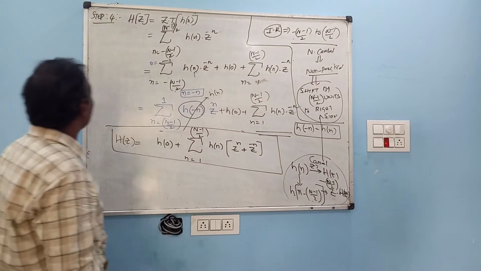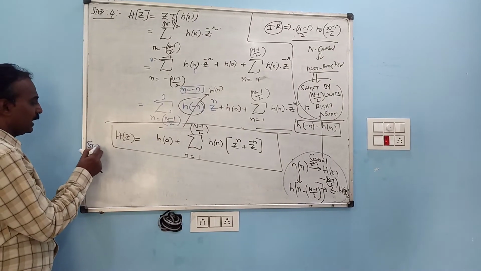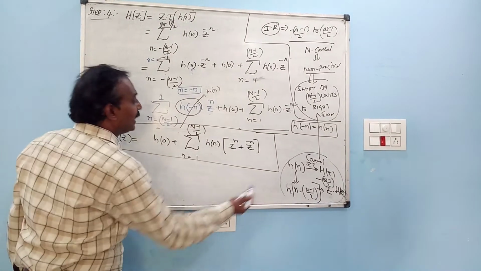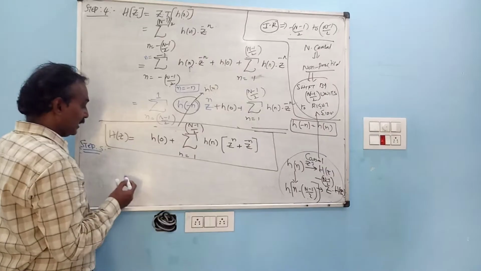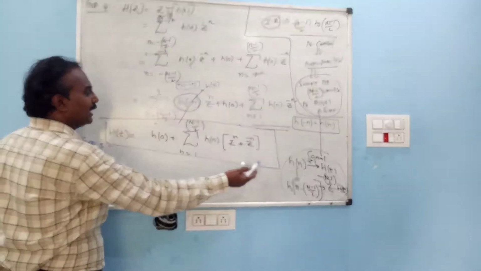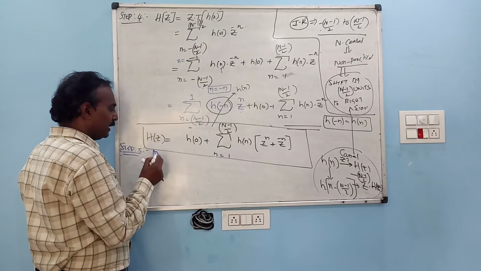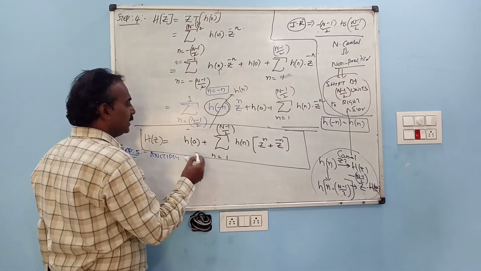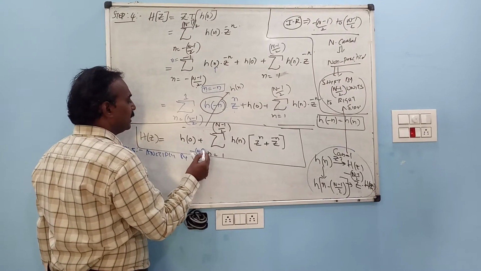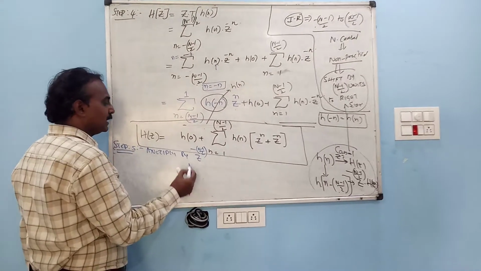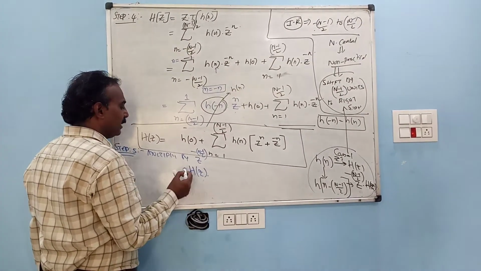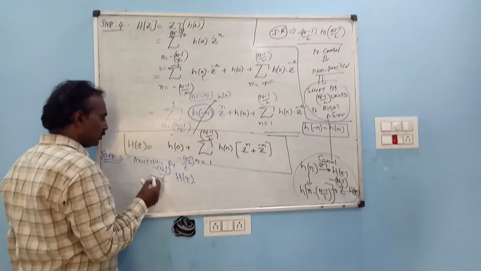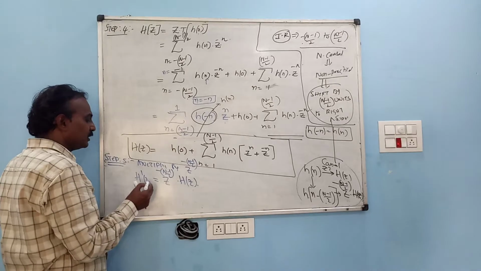So next step is step 5, which is multiplying by z power minus of (N minus 1)/2. So when I multiply H of z by z power minus of (N minus 1)/2, let me assume this is H dash of z.